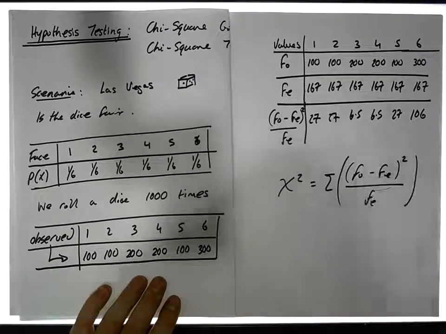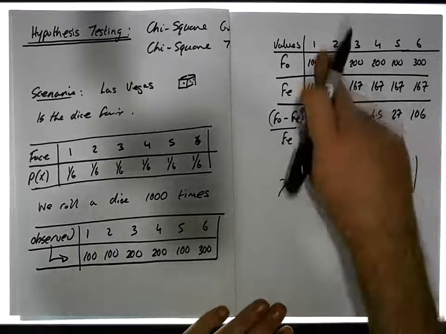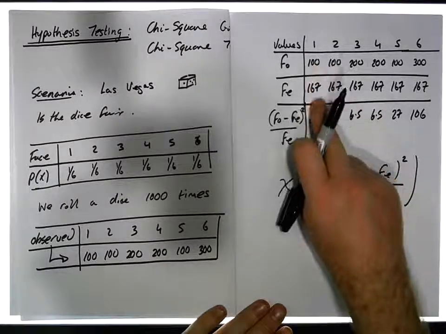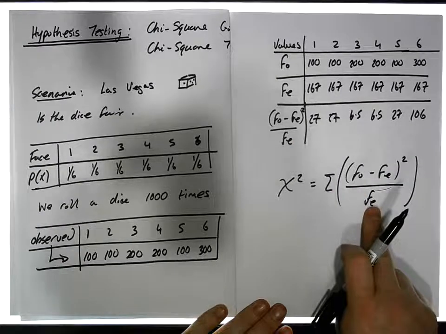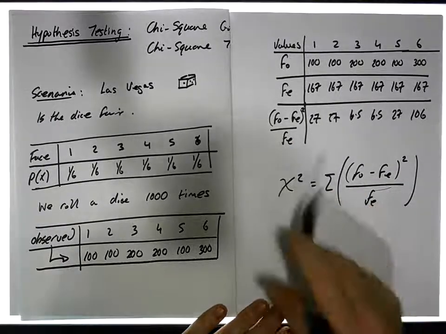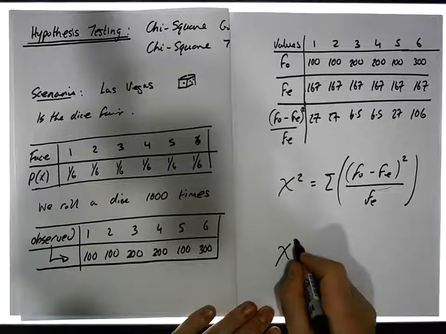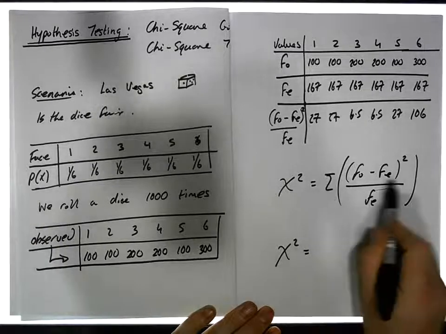So now we have the magnitude of the individual differences between the observed and the expected, the squared differences relative to what we'd expect to happen. Our chi-square test statistic is the summation of all of these values.